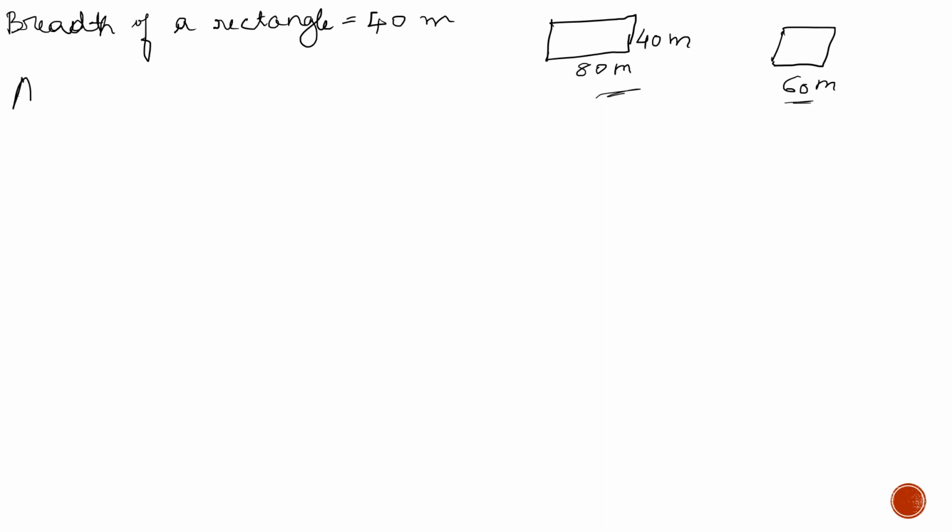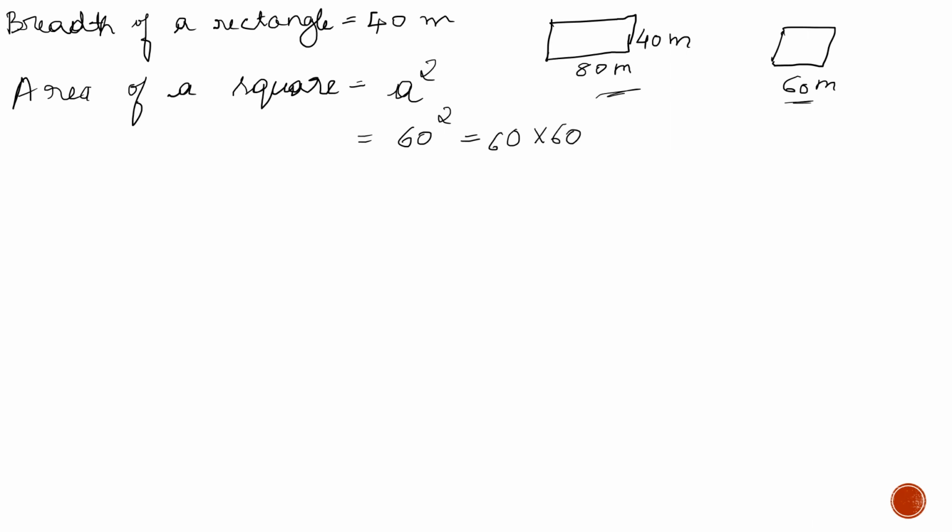What's the formula for area of a square, students? Area of a square is side squared, that is a square. What is a here? 60 squared is equal to 60 into 60. 60 into 60 is equal to 3600 meter square.